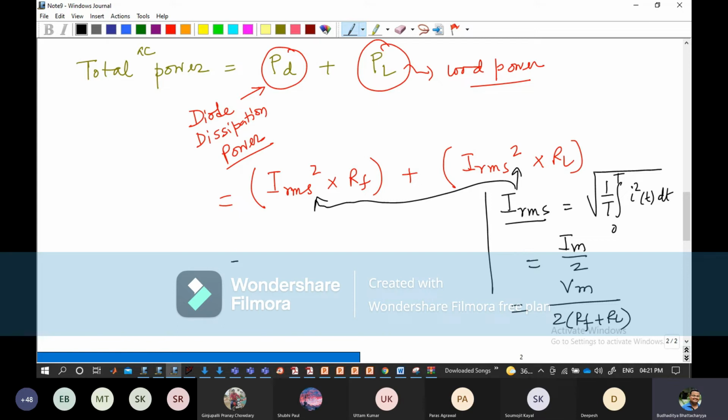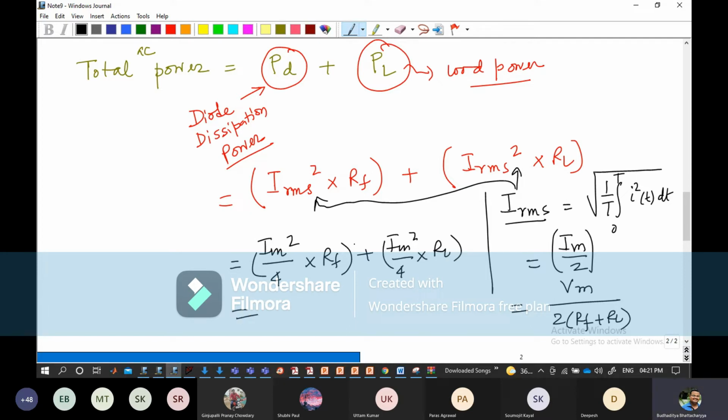So if I substitute Im by 2, because this is a simpler, smaller expression, this will be written as Im square by 4 multiplied by Rf plus Im square by 4 multiplied by RL. Got it?